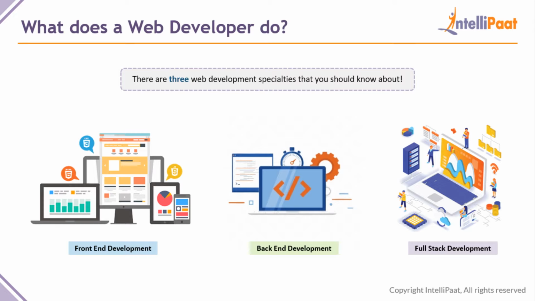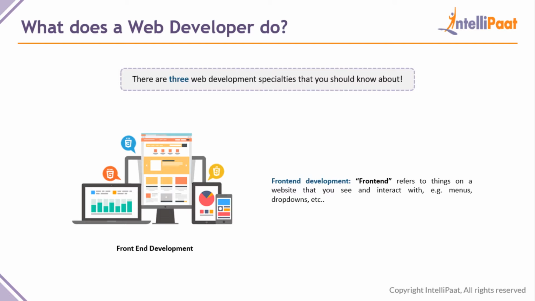Well, let me give you a quick short introduction to all three, so you find out what is actually going on in between all of these terms: front end development, back end development, and full stack development as well. So what does a front end developer do? Guys, as you can probably think of it, literally front end and back end. Front end is something that you would probably see, back end is something that you would not see, is the most simple way I would put it.